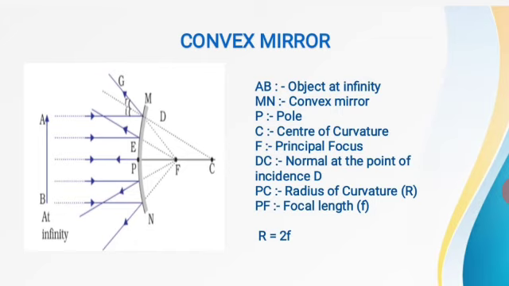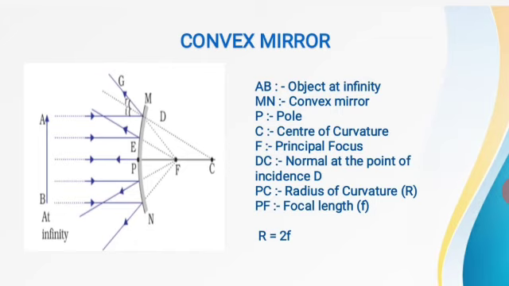Since angle I is 0, angle R must also be 0. Hence, the light is retracing its path, that is, it is going back along the same path. That's the reason why only for the central line you see arrows pointing in two directions on the same line.